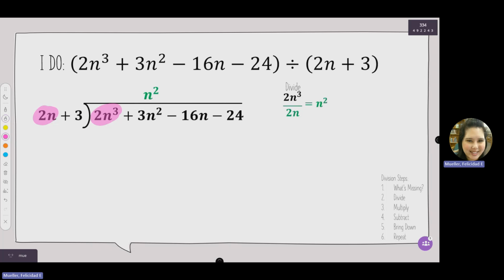Remember when we did that long division back at the elementary level, whatever we put up on the top, we then used to multiply the side. So we're going to multiply 2n plus 3 by n squared. Again, we're going to distribute that n squared to both terms. When we do that, we will get 2n cubed plus 3n squared.